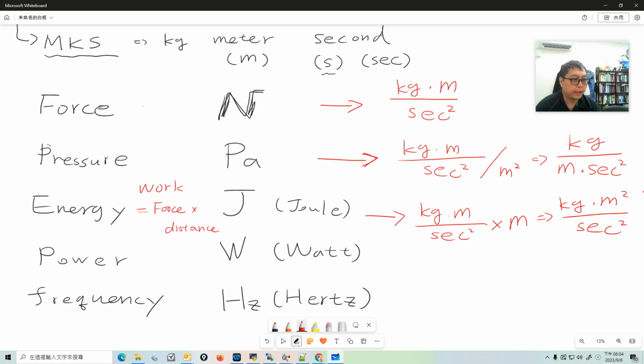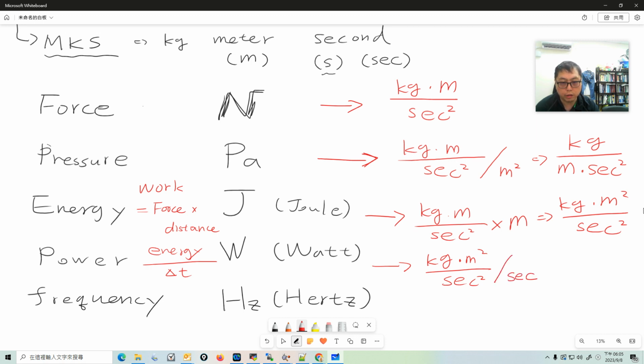The next one is power. Power is energy per unit of time, energy divided by the time interval. The energy is kilogram times m squared divided by second squared, and then we divide by the time interval, for which we use second.